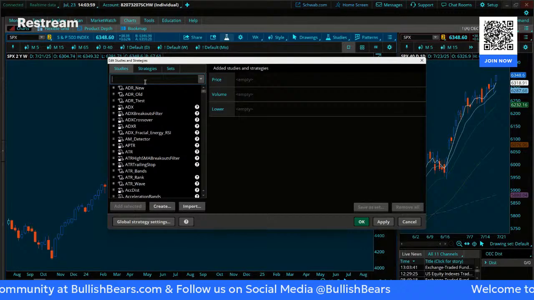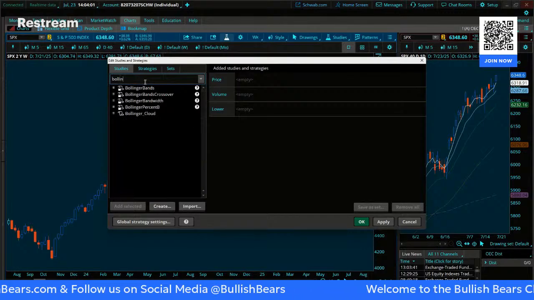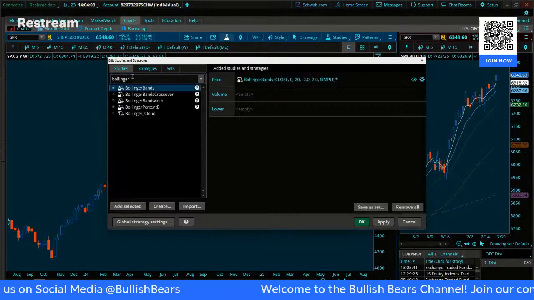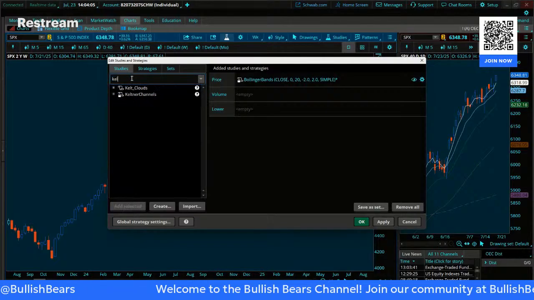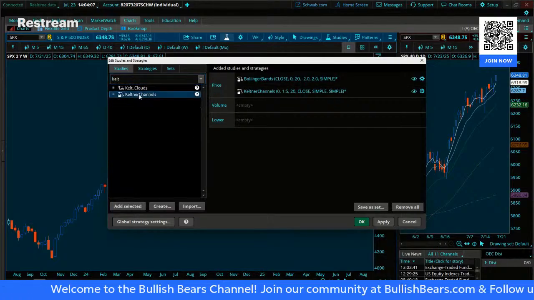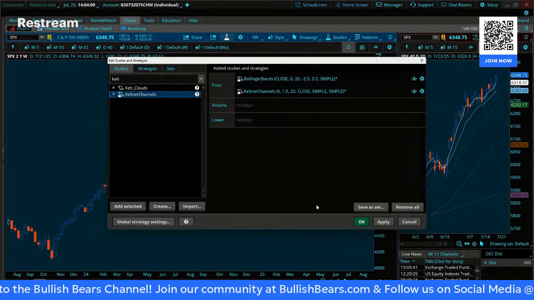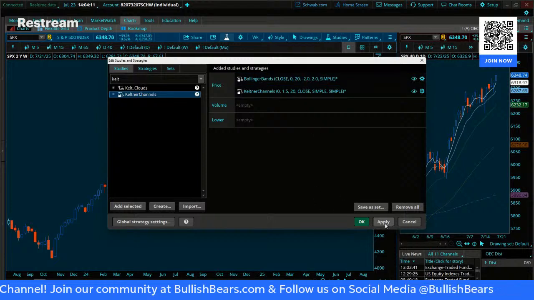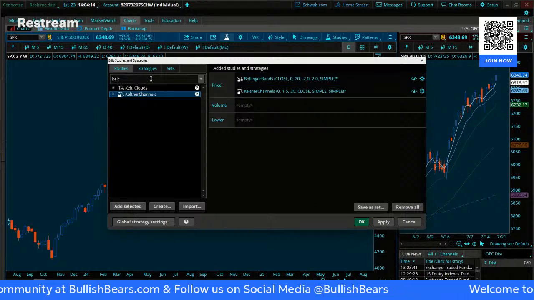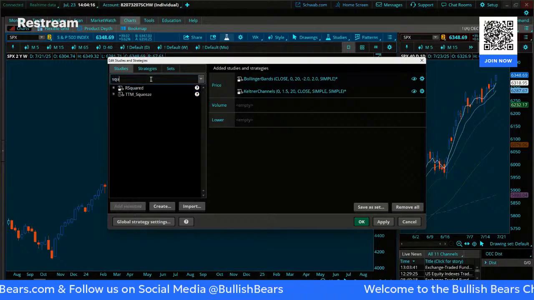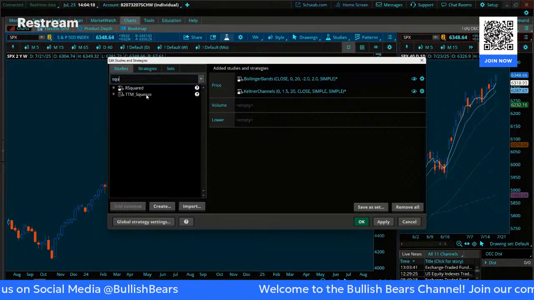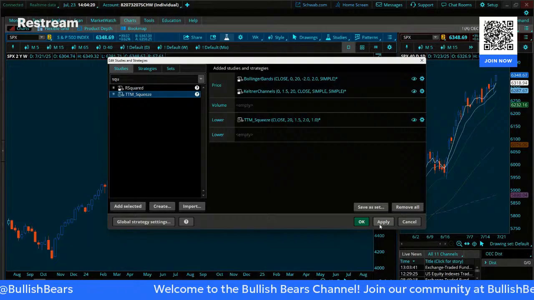There is this idea about Bollinger Bands and Keltner channels. So I've got both of these. They are Thinkorswim's default indicators, no adjustments needed. And here is the TTM squeeze. All right.